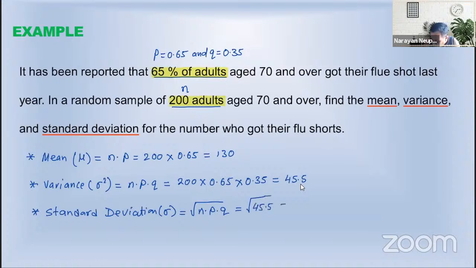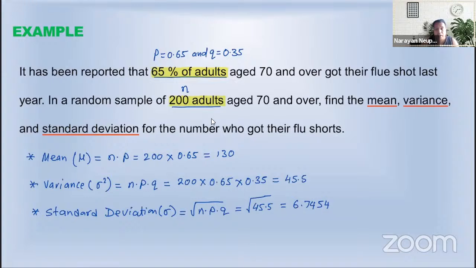We'll take the square root of this using our calculator, and it should be approximately 6.7454. That means the standard deviation is 6.7454. So if we look at the mean, it was 130, and you have the spread within one standard deviation of approximately 6. That is the meaning of that.